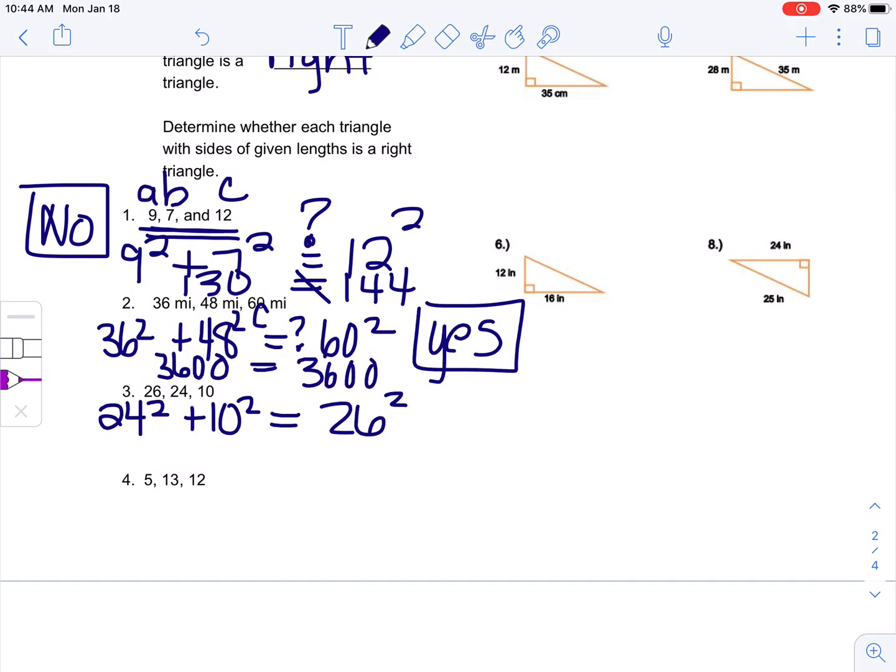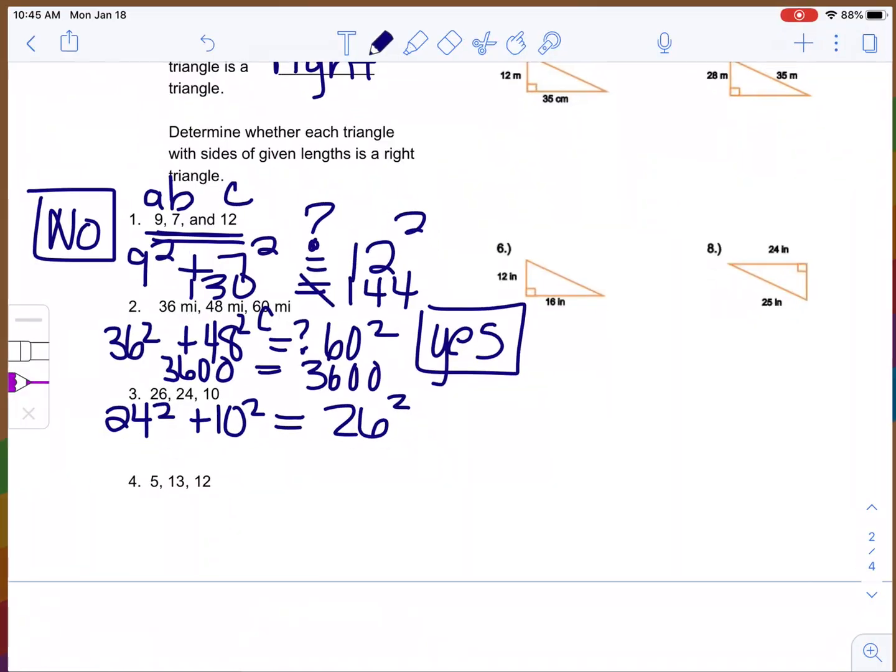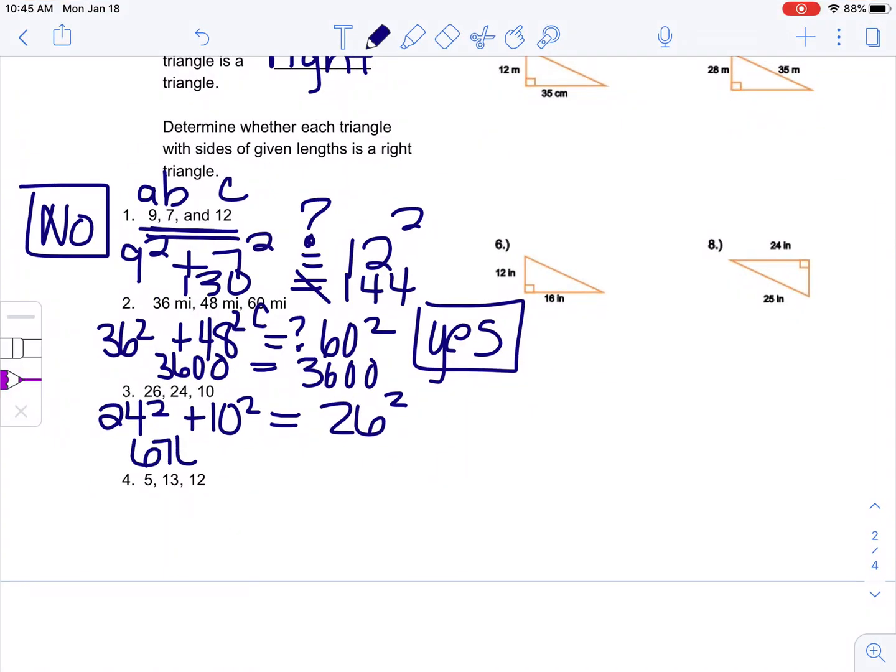So I'm going to check that out. 24 squared plus 10 squared is 676. 26 squared is also 676. So it does meet the Pythagorean theorem requirement that the areas of the two smaller squares add up to the area of the larger square. So this would be a yes also.